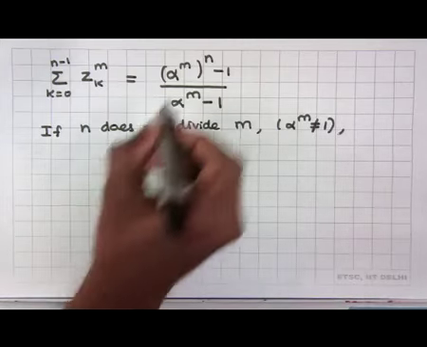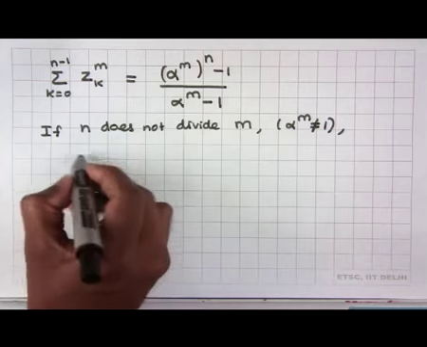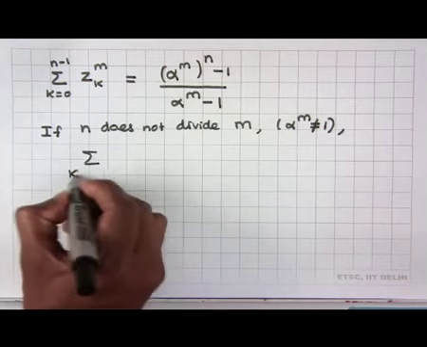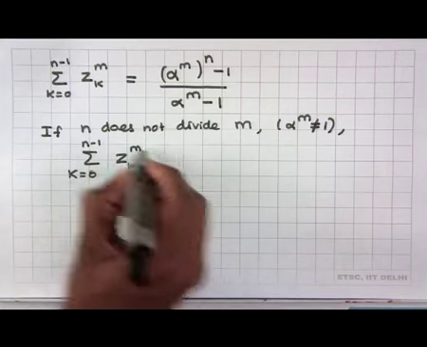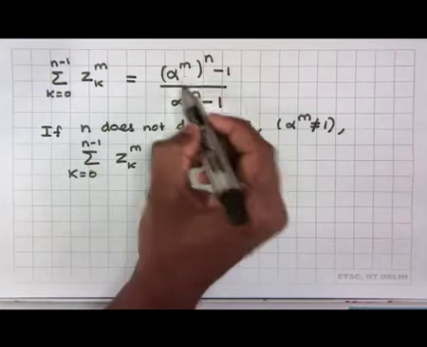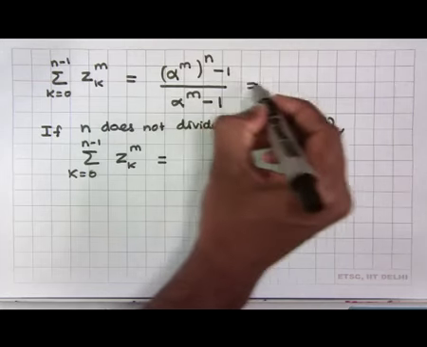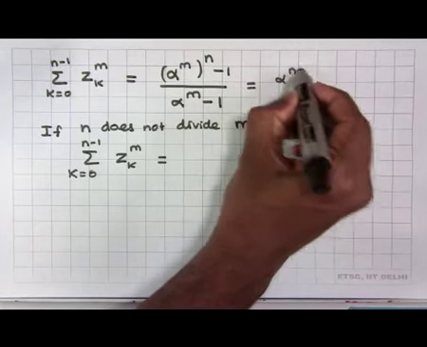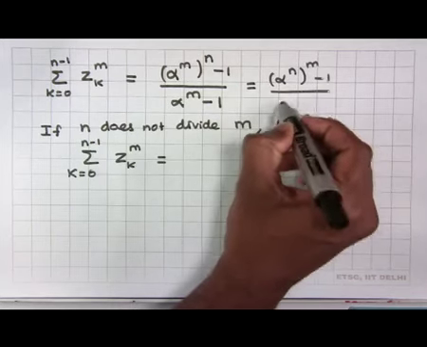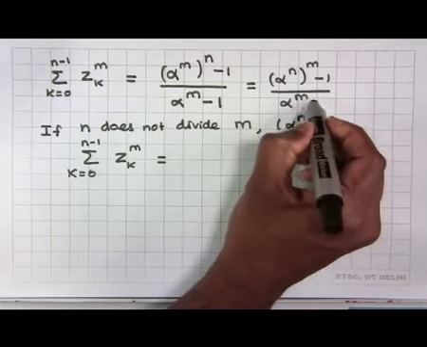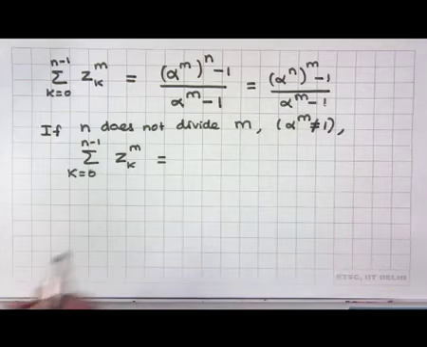So, the expression summation k equal to 0 to n minus 1 of z_k power m is the same as alpha power n, power m, minus 1 divided by alpha power m minus 1.